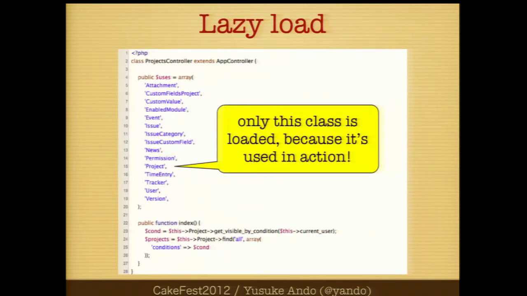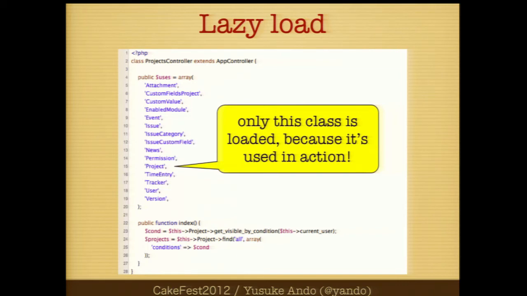And why is it getting faster? One reason is lazy loading. In Cake 1, if you wrote many model definitions on your controller, it means this controller will initialize all those model classes. In this case, it has about 20 model classes.